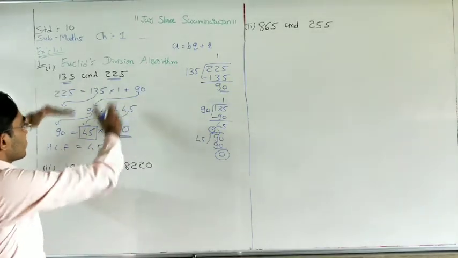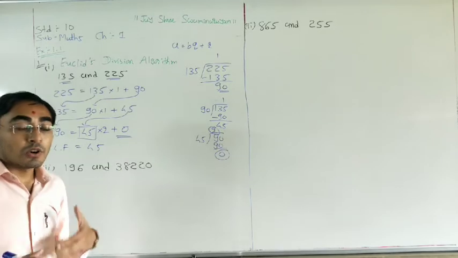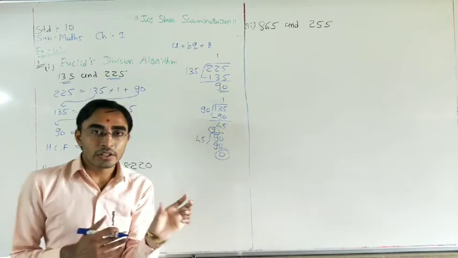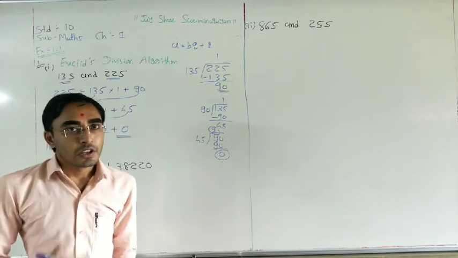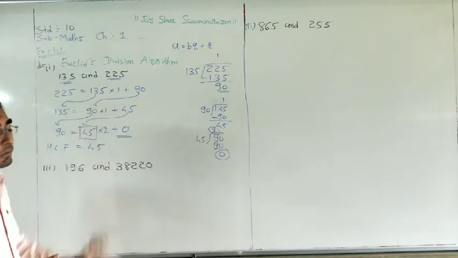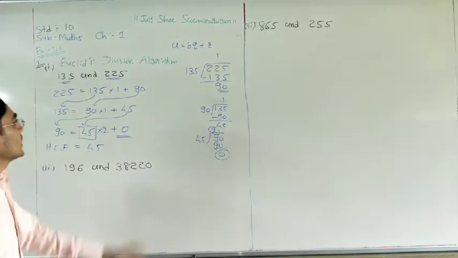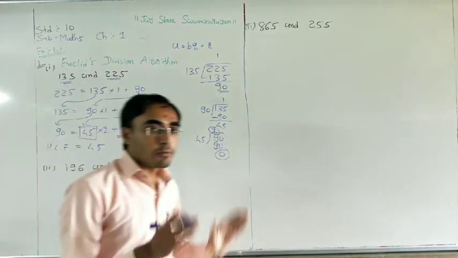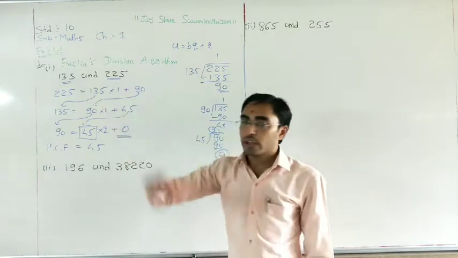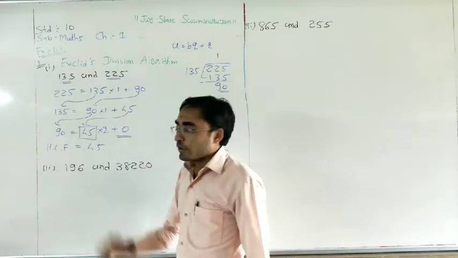If you divide any number by its factor, you get the remainder 0. So it means that 45 is a factor of 90. Here you multiply with 90, here remainder 45, which means 90 is not a factor of 135. Here you want the common factor of 225 and 135, so you can get that common factor by using this algorithm. So your answer is 45.